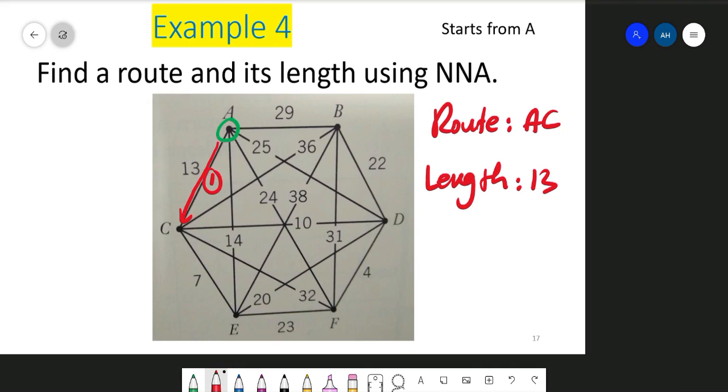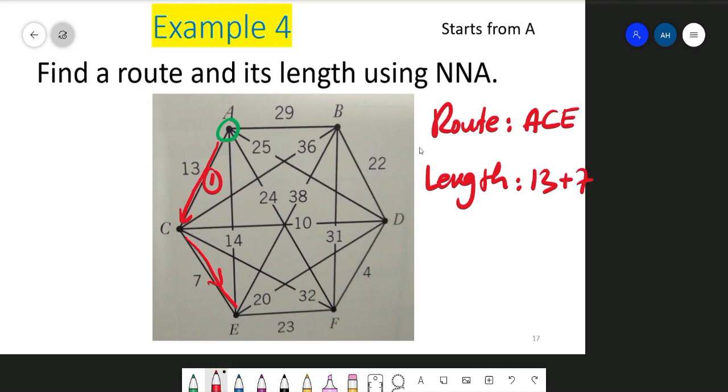Okay, from C, we have 36, we have 10, we have 32, we have 7. Seems like 7 is the smallest value, so we have to go this way. So from C, we have to go to E, plus 7. Now from E, we have 23, we have 20, we have 38.